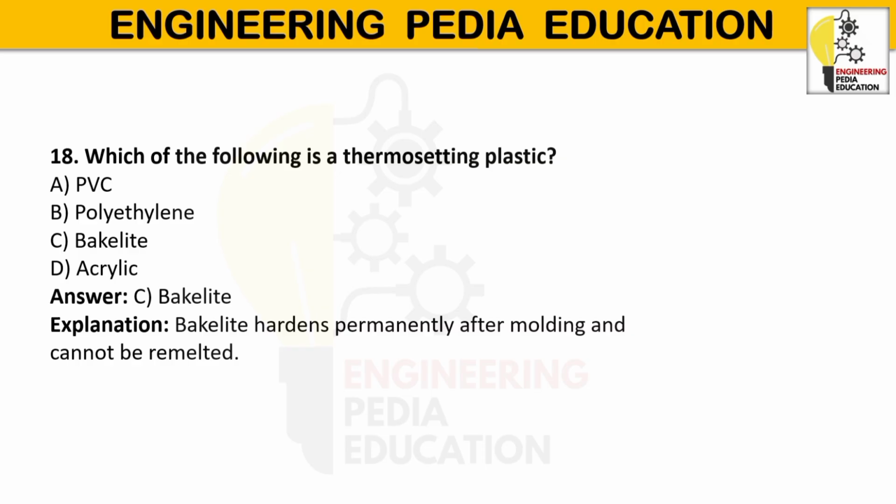These materials are widely used where durability and resistance to heat or chemicals are important. In civil construction, thermoset plastics are used in electrical switches, sockets, adhesives, protective coatings, laminates, insulation materials, composite panels, and repair resin for concrete structures.